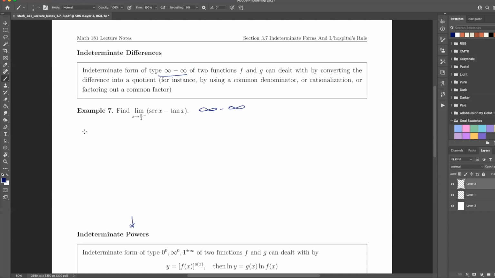Well, we just rewrite this for a little bit and see if we can write this somehow as a quotient. Here, secant is 1 over cosine of x, and tangent is sine over cosine of x. So I'm just rewriting this, and then I can rewrite this as 1 minus sine of x over cosine of x. Oops, I forgot my limit.